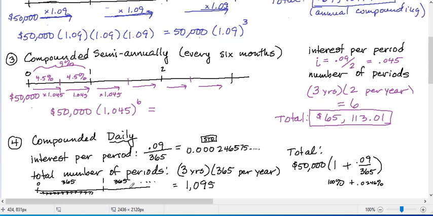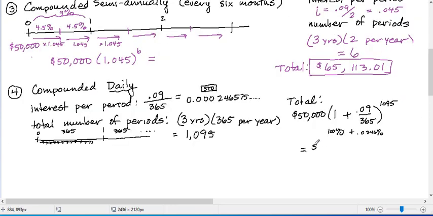And then I have to do that for the total number of periods in all 3 years, which is 1,095. I got $65,496.04. So even though I went from 2 times a year to 365 times a year, I've only gone up about $380 over the total over all those years.